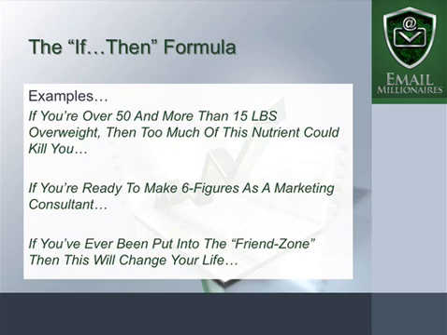If you're over 50 and more than 15 pounds overweight, then too much of this nutrient could kill you. So we know our prospect and we're targeting this to people who are over 50 and are overweight. And 15 pounds overweight is kind of a good limbo number.